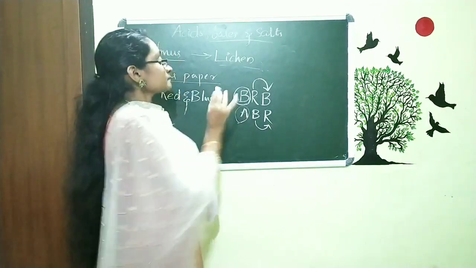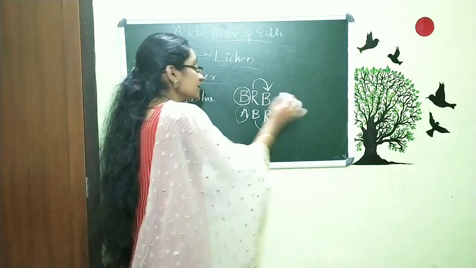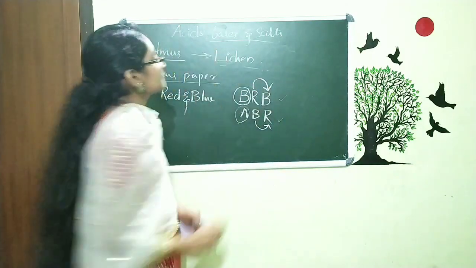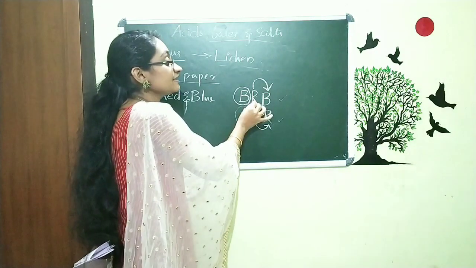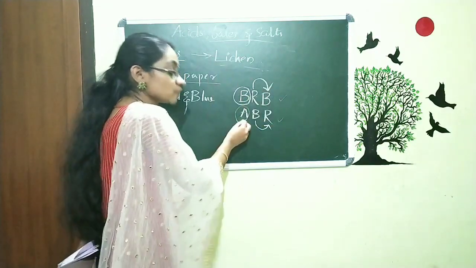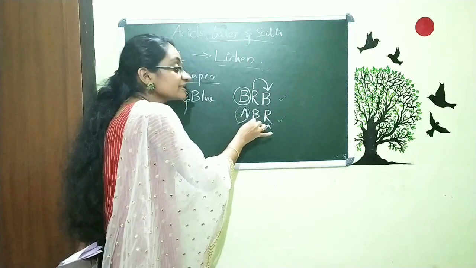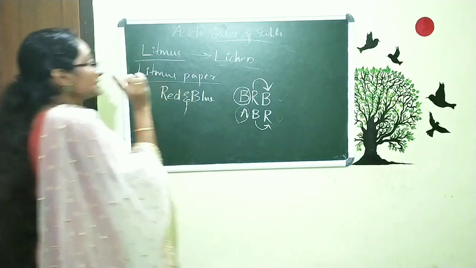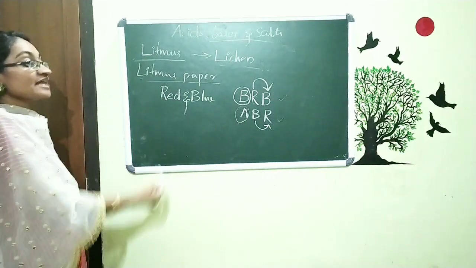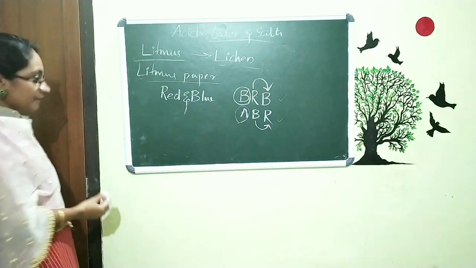When you remember these codes, you will easily identify the color change with acid and base. So, for the base, red litmus turns blue, and for the acid, blue litmus turns red. This is the color change for the litmus paper with the interaction of acid and base.